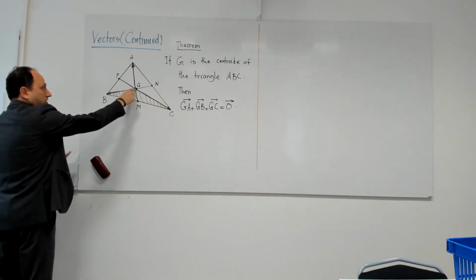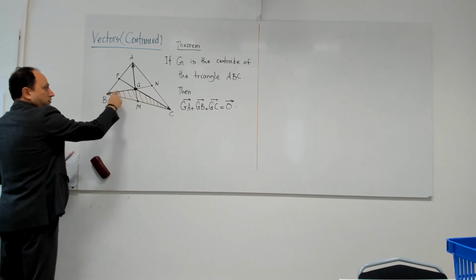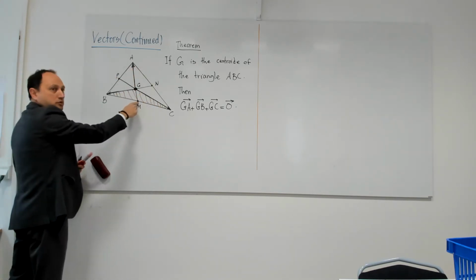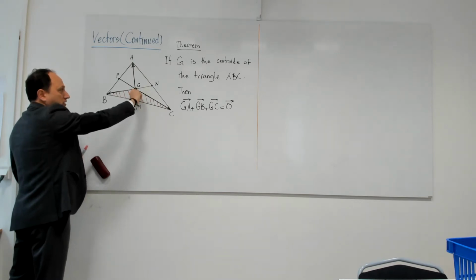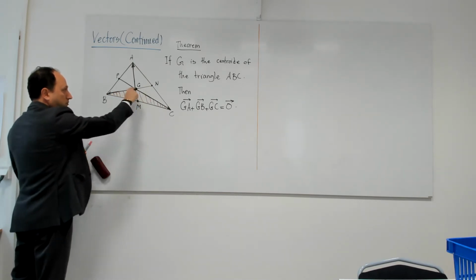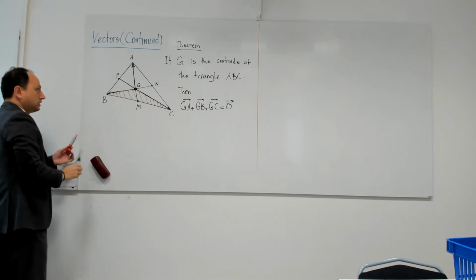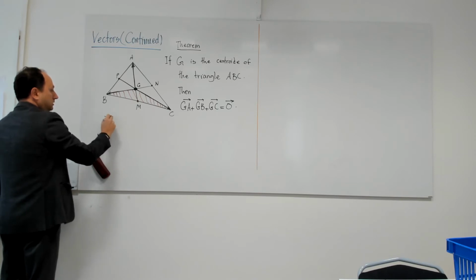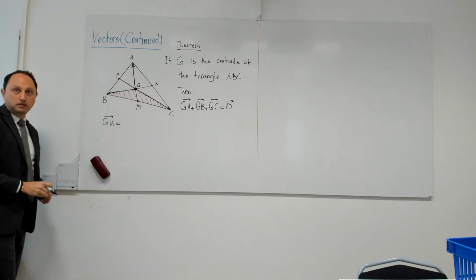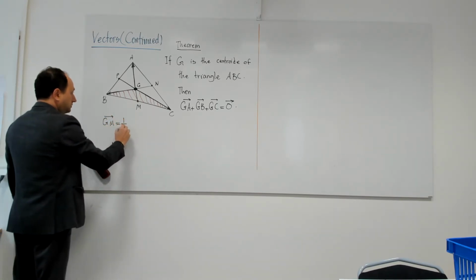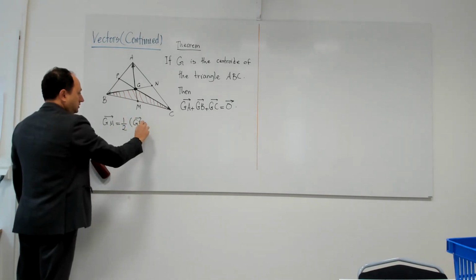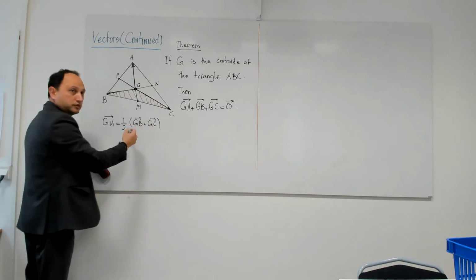Do you agree that GM is also a median for this hatched triangle? Yes? It was a median for the bigger one, so this means this is in the middle, so it doesn't matter. This is also a median for this hatched triangle. So you can tell me something. How can I write GM as a vector? 1 over 2, parentheses, yes, GB plus GC. Exactly. Understandable for everyone?